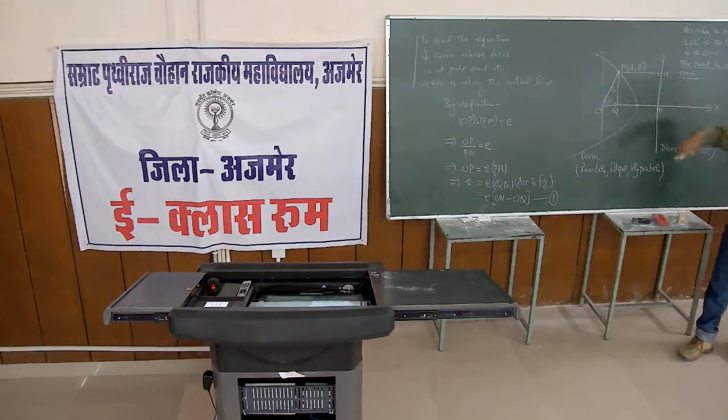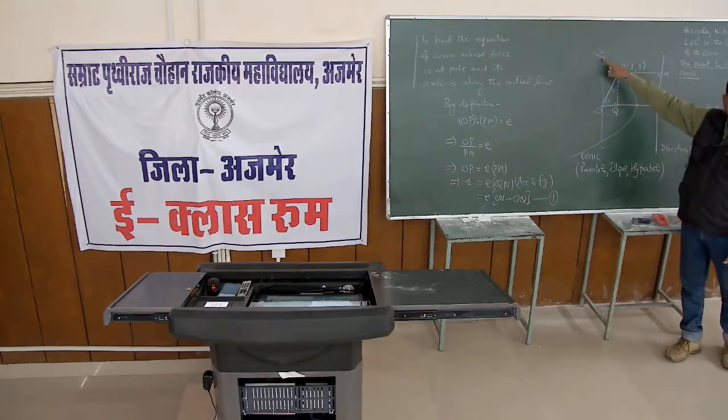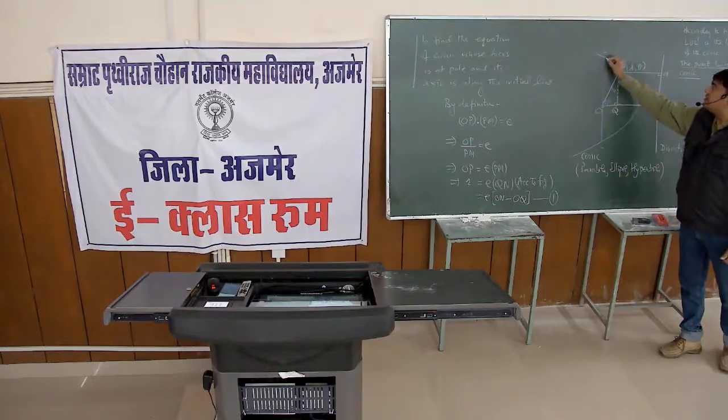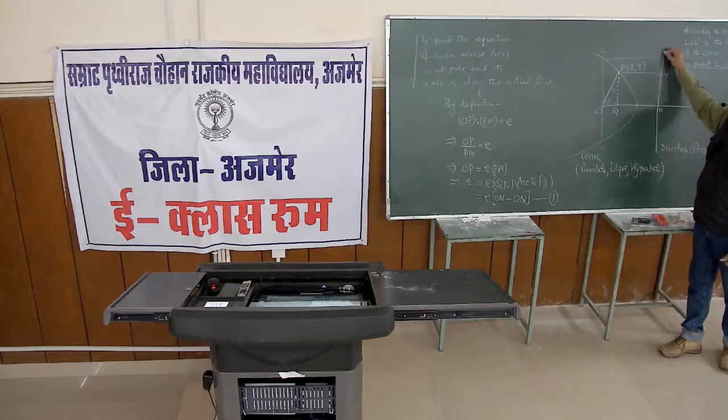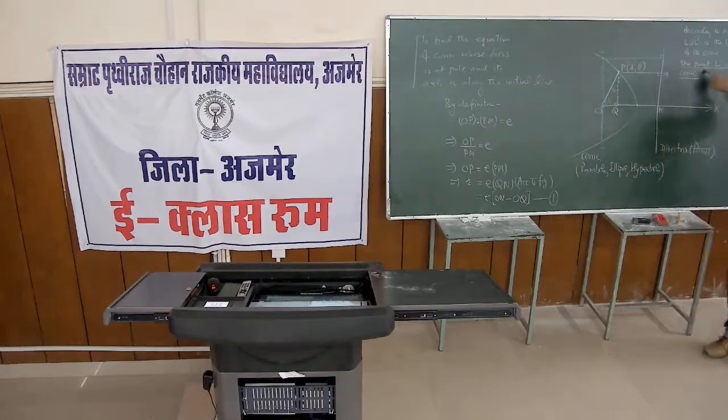In a similar way, L is also lying on the conic. So the distance of L from O, that is OL, and this is the distance of this point from the directrix. We can write that the point L is on the conic.